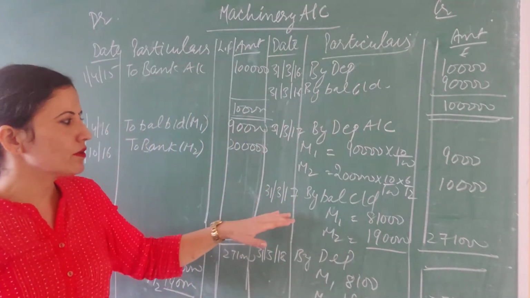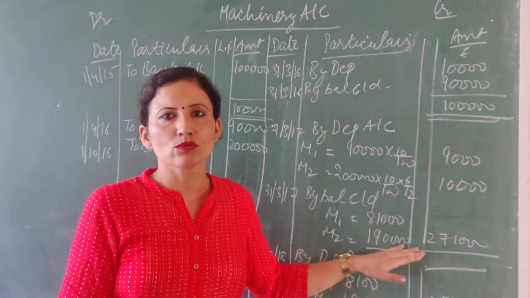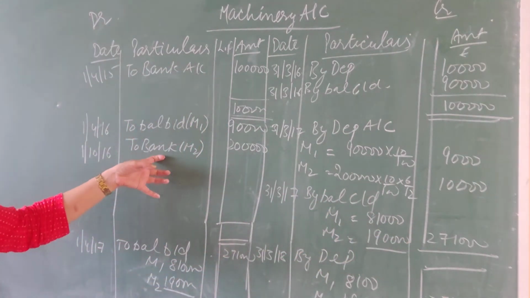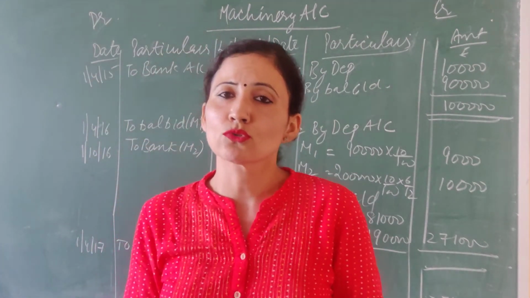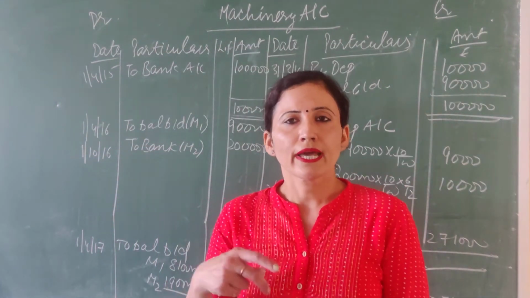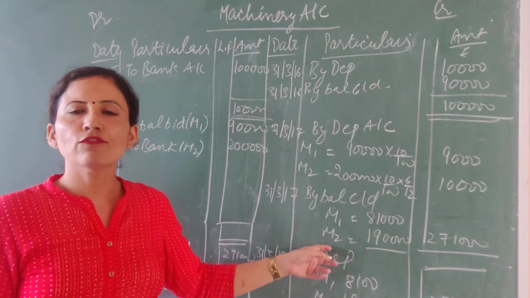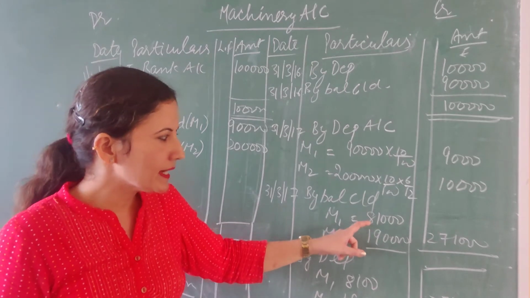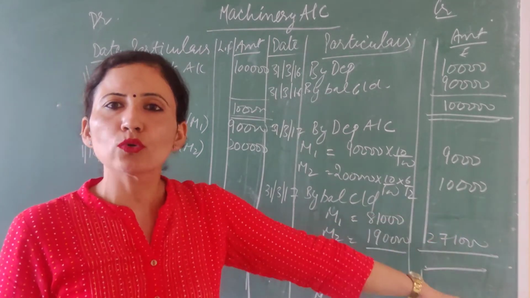So that must be written in by balance carried down detail. This is 81,000. In the same way, the second machine is of 2 lakh rupees and it has depreciation 10,000. So the total carried down value would be 1,90,000 by the name of M2. So 1,90,000 and 81,000 is the total value which I will write in the outer column.